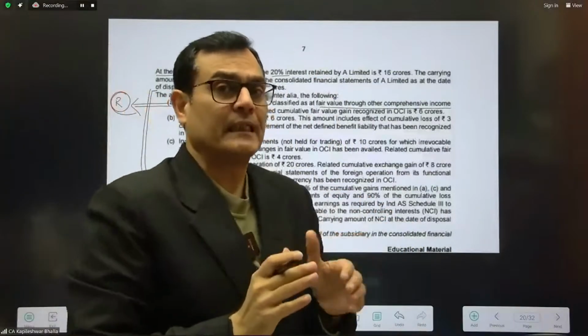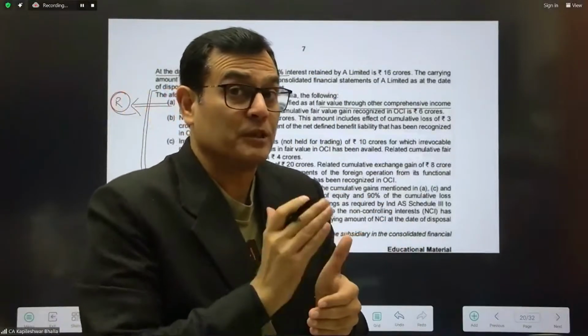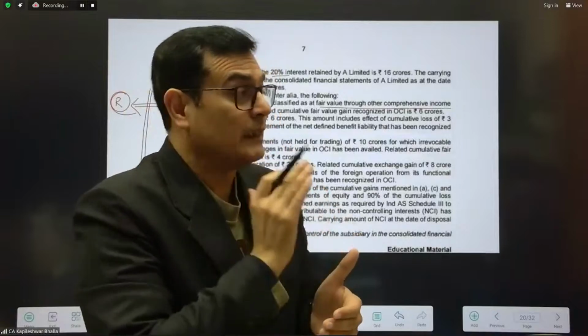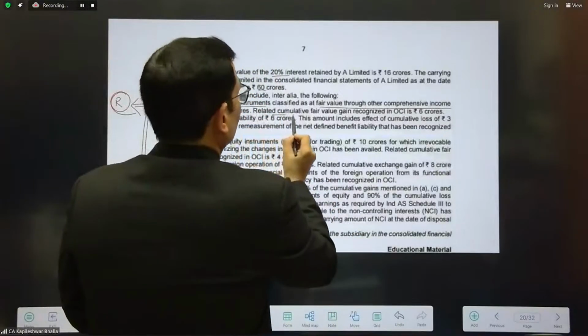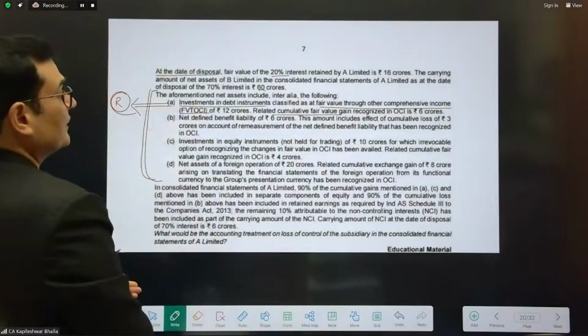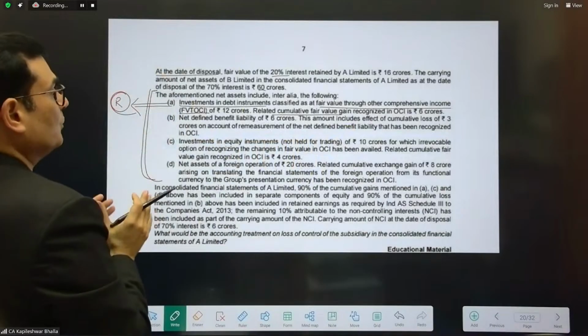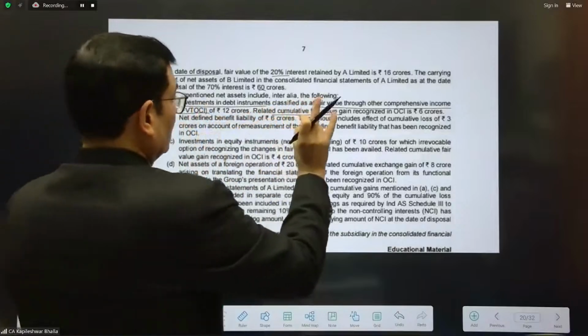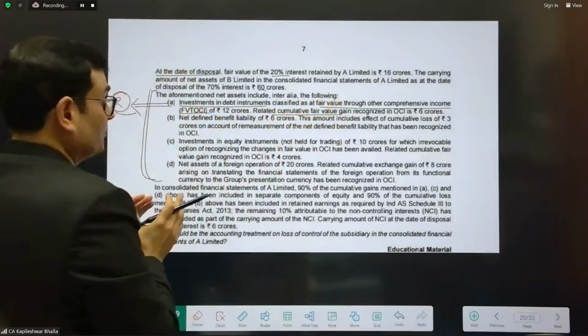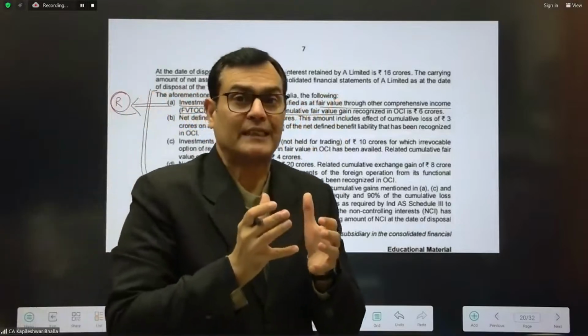It is always with a recycling. So this investment measured at FVTOCI is with a recycling effect. The related cumulative fair value gains in the OCI is 6 crores. So we need to transfer this money to the P&L. But only to the extent of the parent company's share, only to the extent the percentage stands disposed.